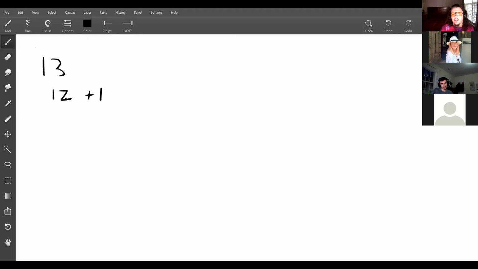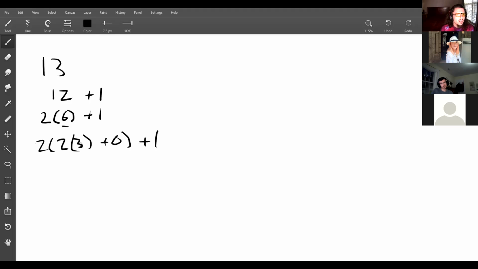Now this is 2 times a number, so I can say this is 2 times 6 plus 1. The 6 is even, so I don't have to break it apart into the plus 1. I'll just do 2 times the number: 2 times 3 plus 0.